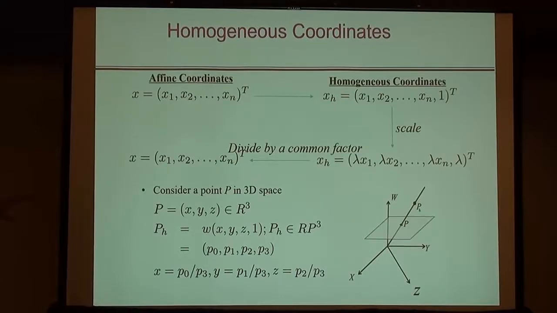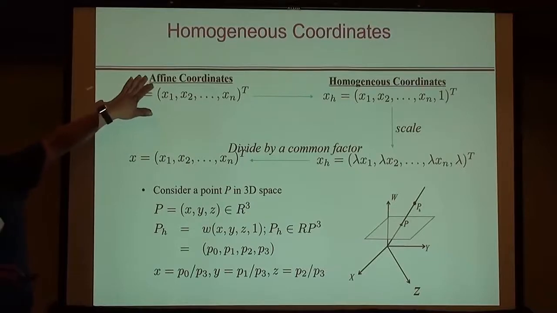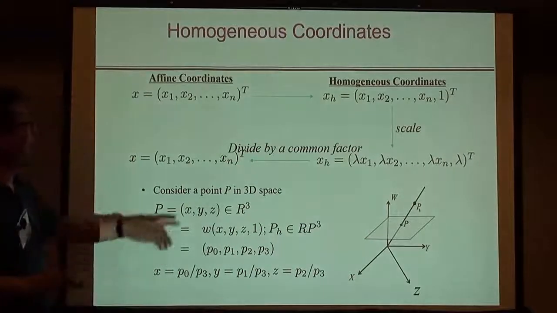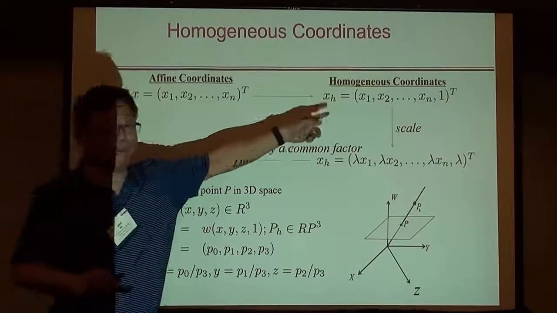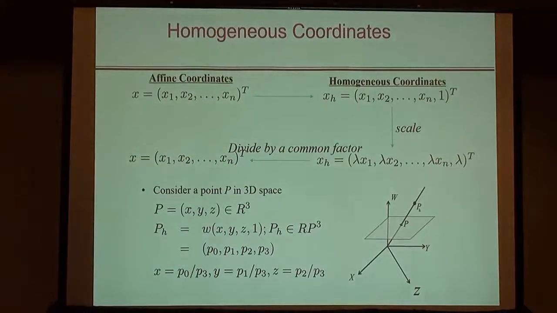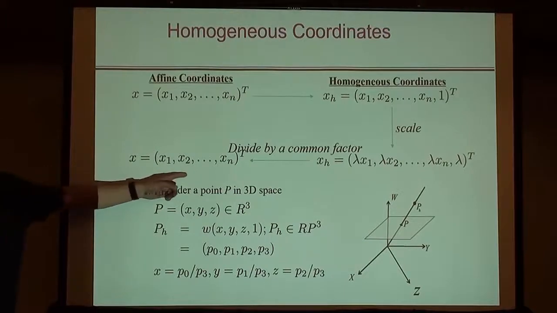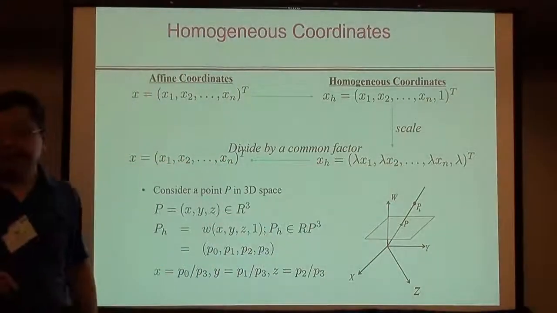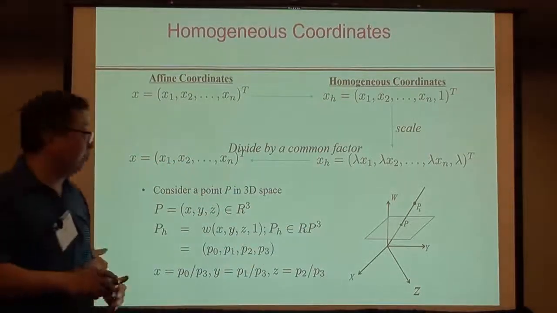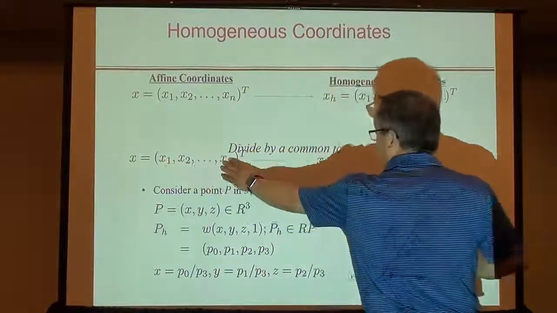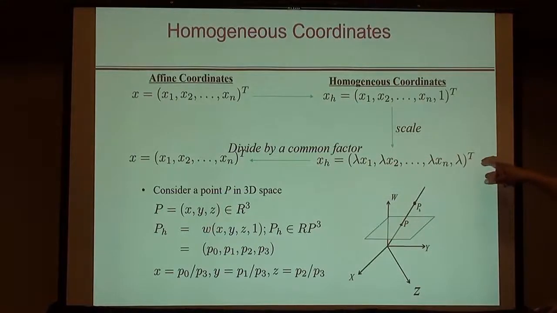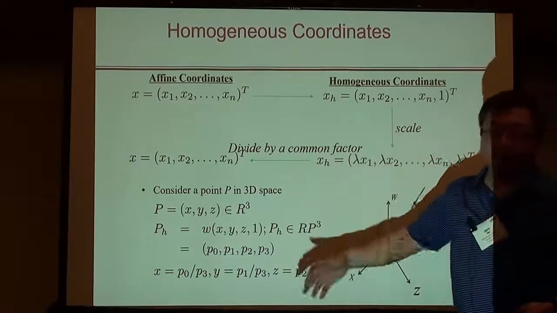This shows how you convert affine coordinates to homogeneous coordinates by adding an additional dimension. Typically we put 1 there. It doesn't have to be 1. You could scale it as shown here. This is more commonly used. This set of coordinates and the one multiplied by a constant lambda actually represent the same point.